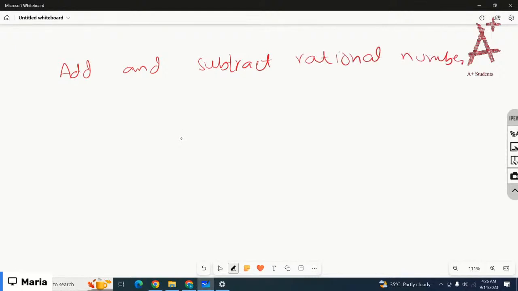What are rational numbers, and how do we add and subtract them?